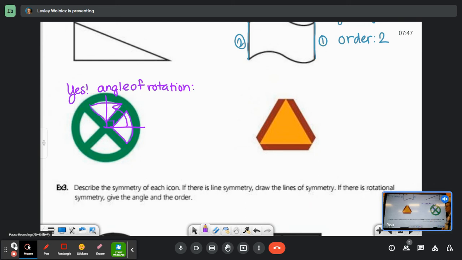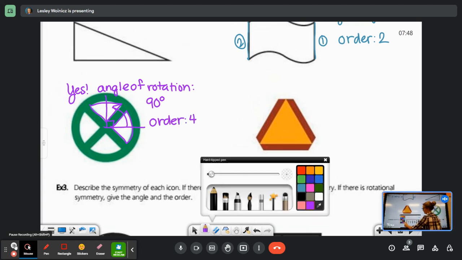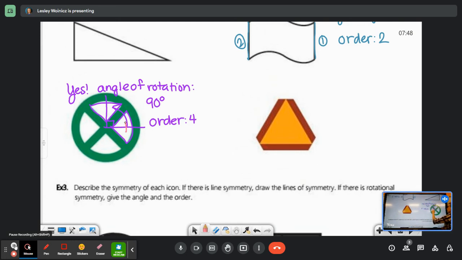That's a 90-degree angle, okay? So I can tell that the angle of rotation is 90 degrees. The order is 4. Because the wedge can be in this first position, this second position, this third position, this fourth position, and then it's back to where it started so that we don't keep counting.